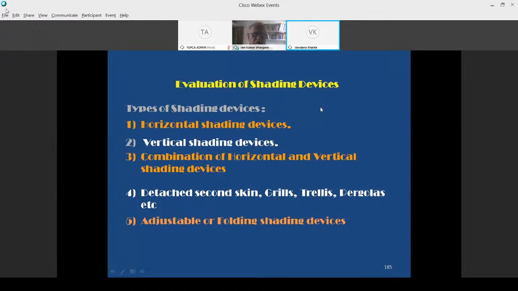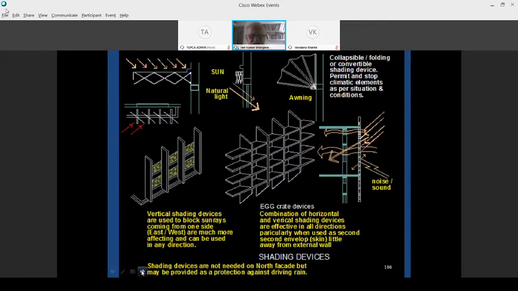Shading devices, horizontal shading devices, every type of shading device has its own limitation. These are the various types of shading devices. Adjustable shading devices are more useful. Second skin is also very useful, and the most preferred shading devices in my opinion are folding shading devices, particularly with insulated cover which will not become too hot.